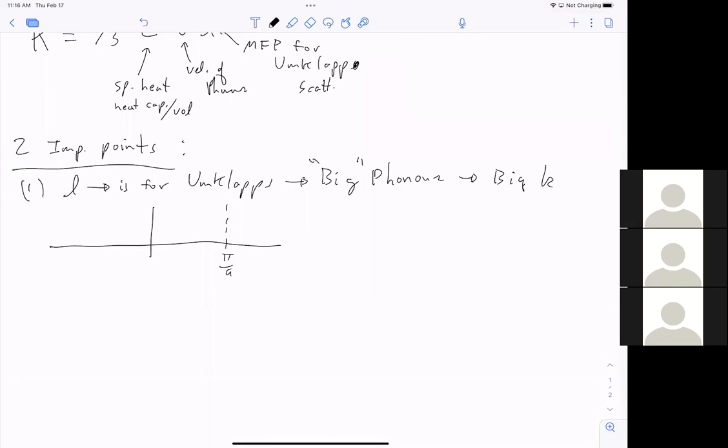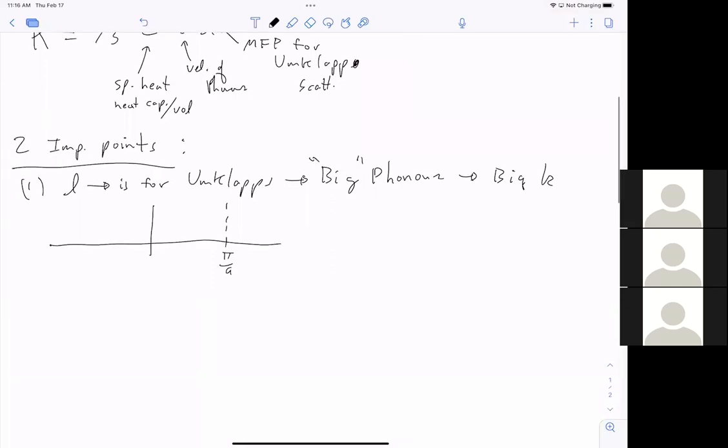So L is for the Umklapps, and so the reason why we have to worry about the big phonons is because if we have two phonons that are scattering, like K1 plus K2 goes into K3, then it only really matters if we have to cross that Brillouin zone boundary.